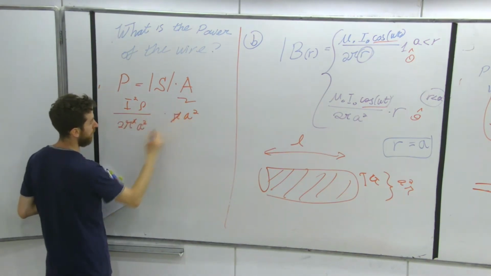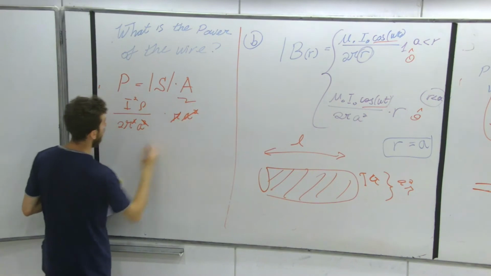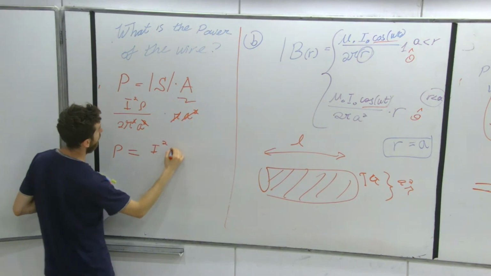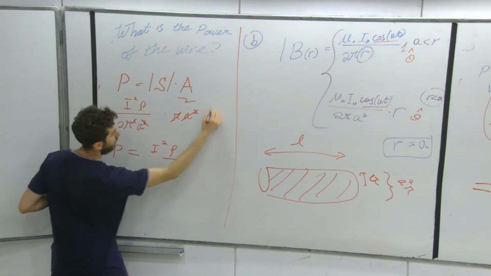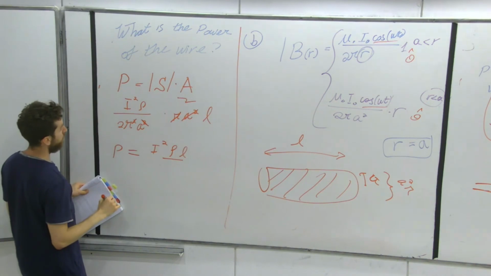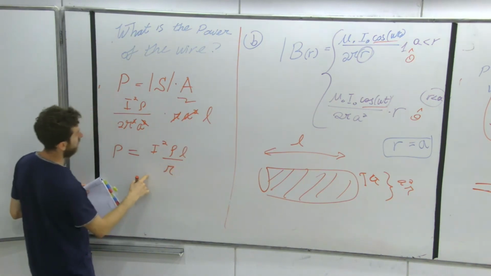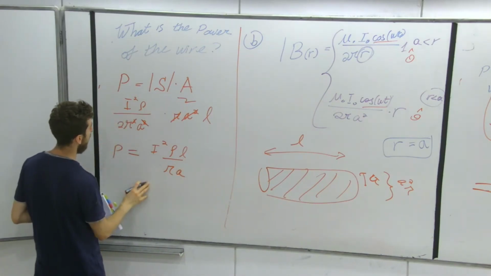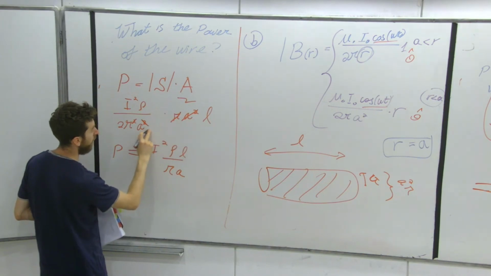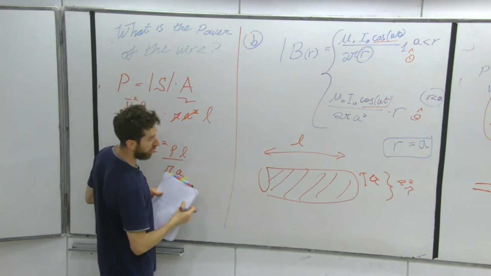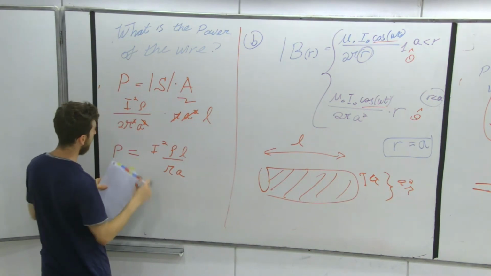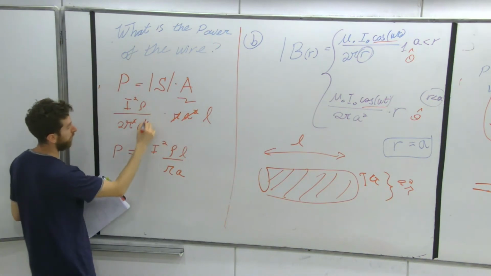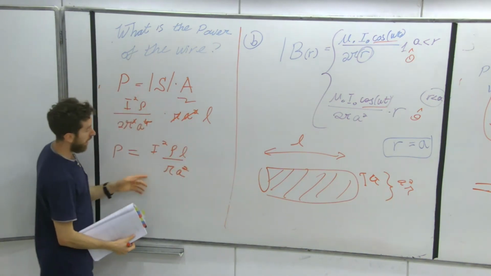So pi and pi go out, this dot with that, and we have that P is equal to I squared rho L. I think I have a mistake over there, I think we should have here a to the 4, I want to check it.